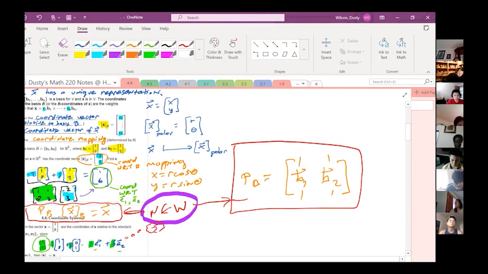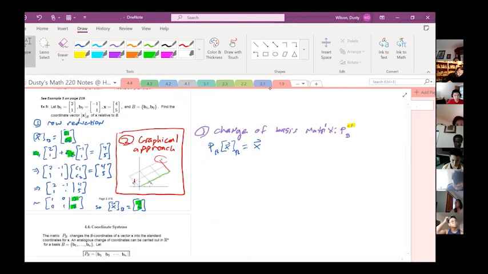Okay, so where were we before? In our case, what is this PB matrix? It's going to be made up of the B1 and the B2s. So B1, 2, 1, B2, negative 1, 1. Okay. You see that? So here and here.